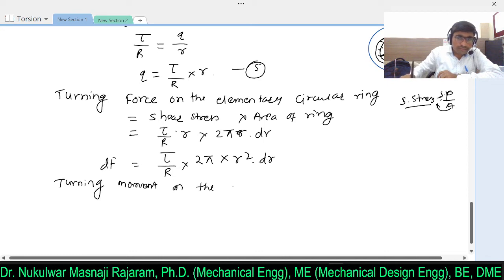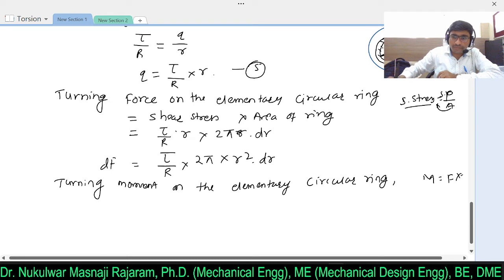Now I will evaluate turning moment on the elementary circular ring. Clear? So what is the formula for moment? Moment is nothing but force into radius. So I am using the same formula over here. So that is dT equal to this turning force into radius or distance.